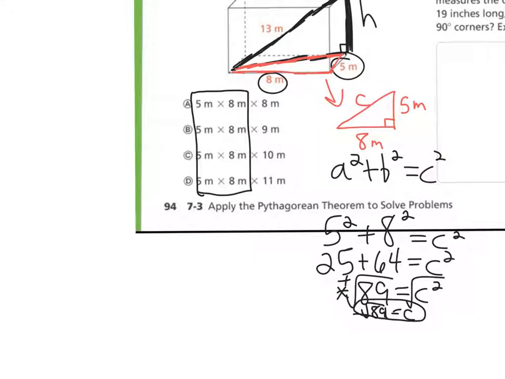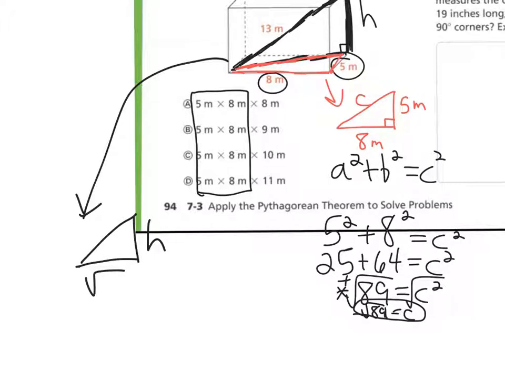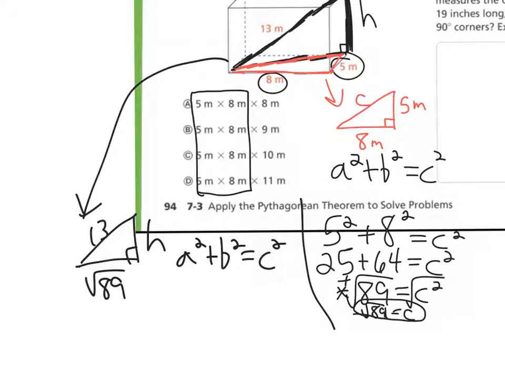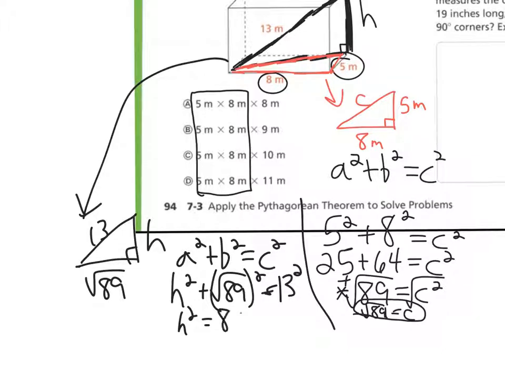And then I could take that into my other triangle here. This is square root of 89. This is 13. Square root of 89 squared is 89. 13 squared is 169.